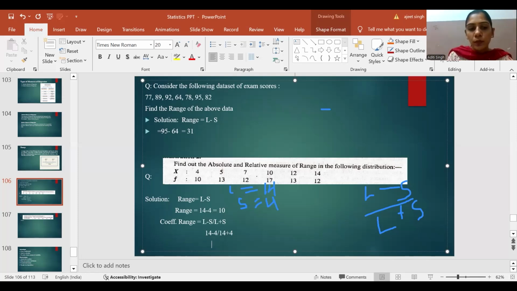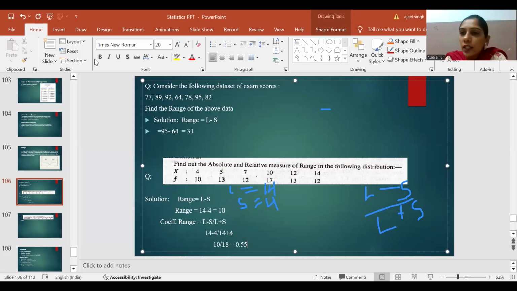What will be the answer? 10 divided by 18. If we do the calculation, the answer is 0.55. This is how we calculate range and coefficient of range in a given question.